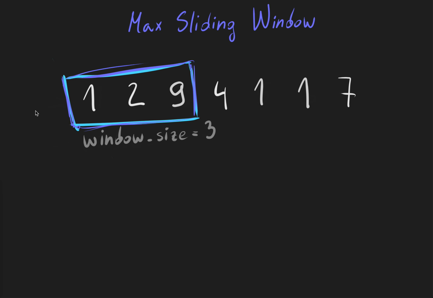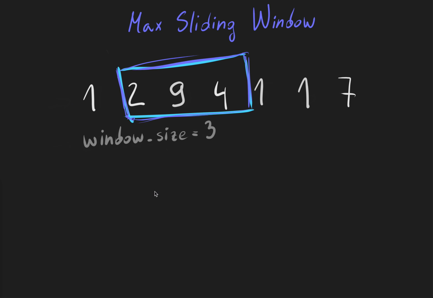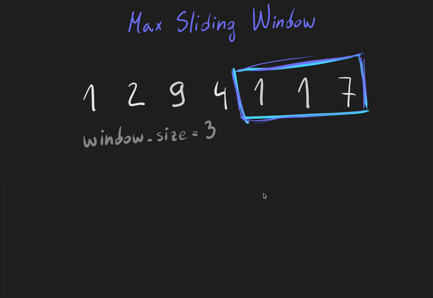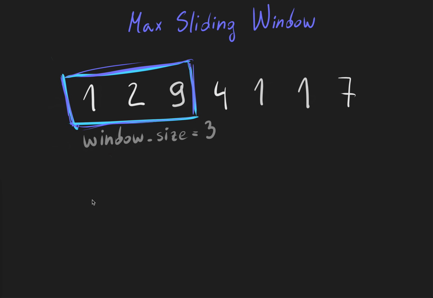Of course, we print the max integers in the current window, right? If we visualize this, we see that if the window size is 3, we have 3 numbers inside this window, and this window is moving until the end, like this. The first output, for the first window, would be 9. We have 3 integers, and the max inside this is 9.